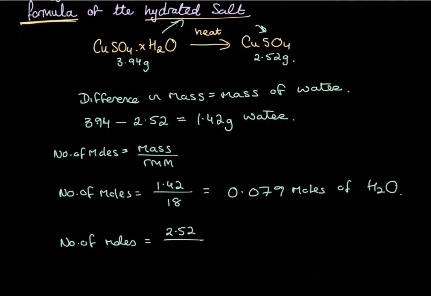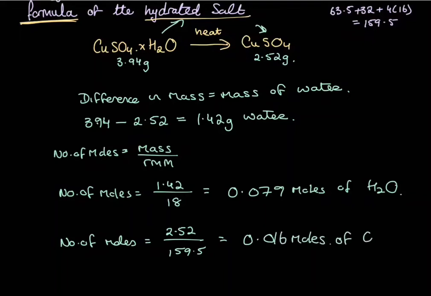And if I find out the relative molecular mass of copper sulfate, I can do it up here. 63.5 for copper, 32 for sulfur, and then 4 16s for the oxygens. And that becomes 159.5. And I can work out the number of moles of the copper sulfate.